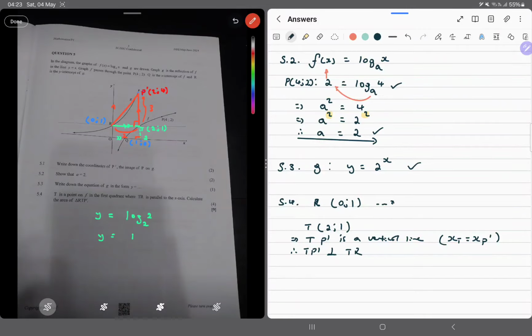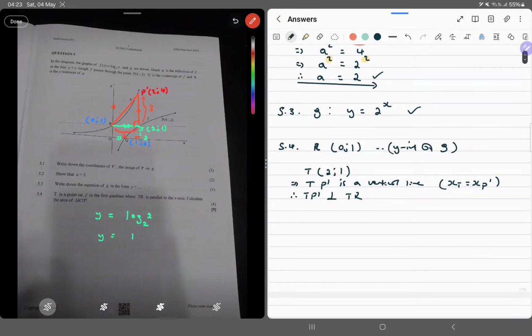Why do we know this? This is not x but y-intercept of g. That is a standard one because it's the standard exponential graph. No shifting took place there.